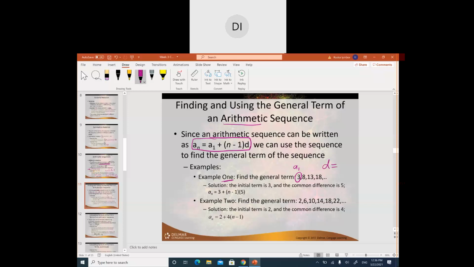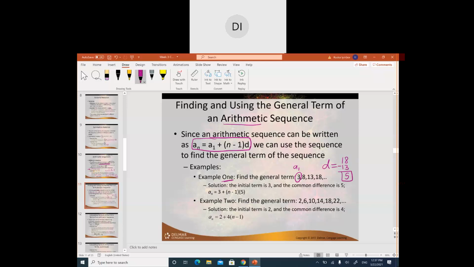So you can do 8 minus 3, you can do 13 minus 8, you can do 18 minus 3. It's going to be the same number, so it doesn't matter. I'm just going to do 18 minus 13 is 5.